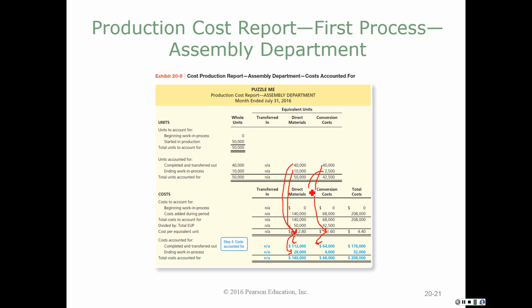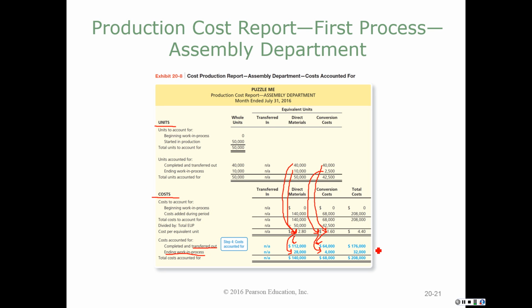So 2,500 times $1.60 will tell me what costs need to stay in this department because they have not been completed. So once again, using the process cost report to track the number of units and the costs that I need to account for, I can determine what costs get transferred out to the next department, and what costs need to remain in work in process.